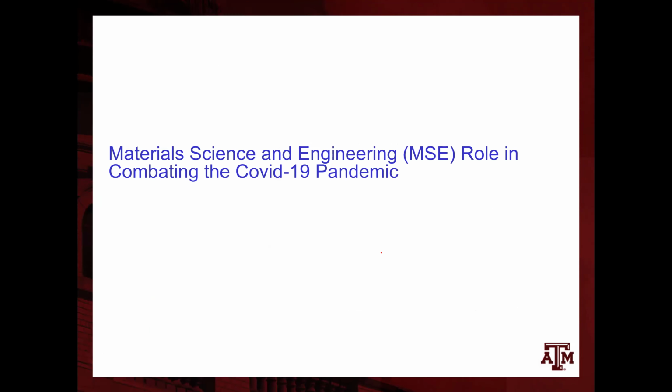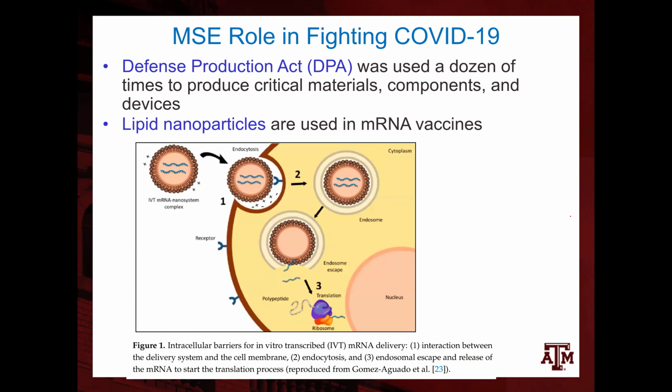Also, during the COVID pandemic, material science and engineering played a very crucial role, as you might remember, in fighting that pandemic. So we used the Defense Production Act to produce many critical materials and components, like masks and things like that. But even the vaccine itself, the mRNA vaccines, needed to be protected to be able to go into the cells.